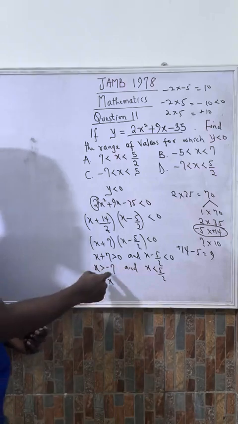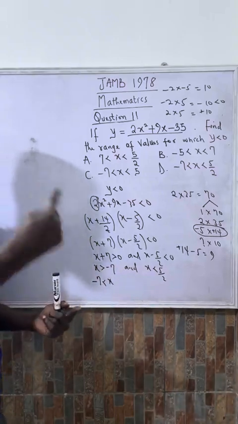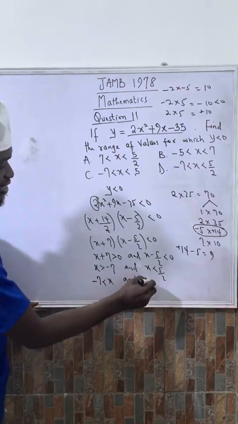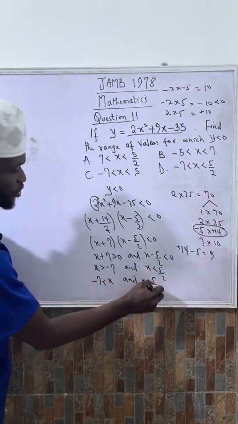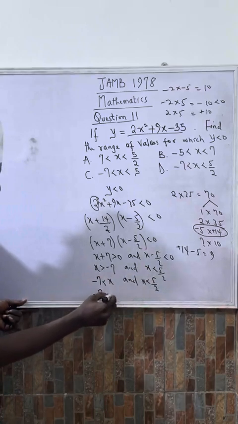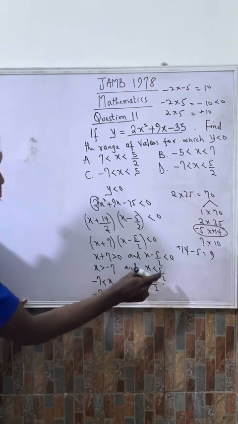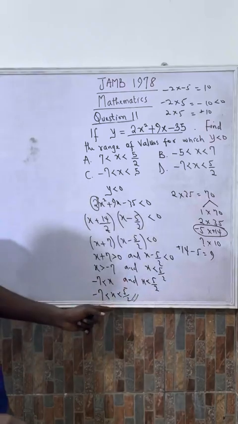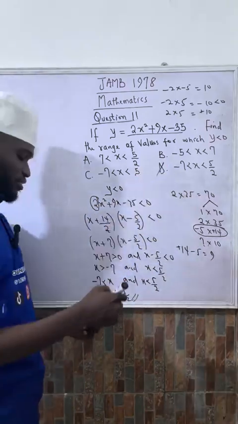If x is greater than negative 7, then negative 7 will be less than x. This one still remains the same, x less than 5 over 2. Now I can combine both as minus 7 less than x, and this same x is less than 5 over 2. So if you look through the options, you see that option D is the answer.